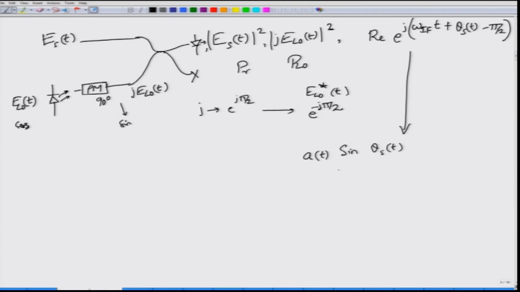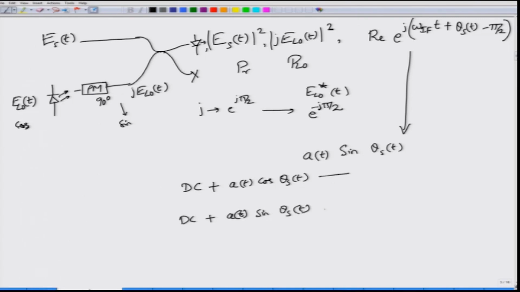So, I have now obtained, by using 2 different couplers and, at least in this case, 2 different photodiodes, some DC quantity plus A of t cos theta s of t, and some DC plus A of t sin theta s of t, okay.